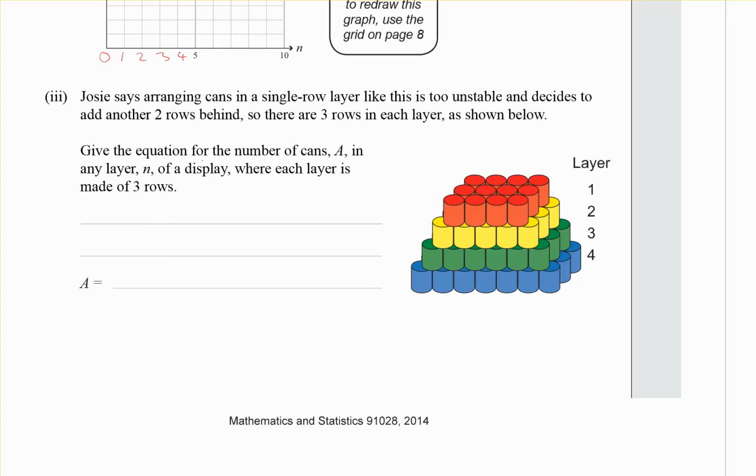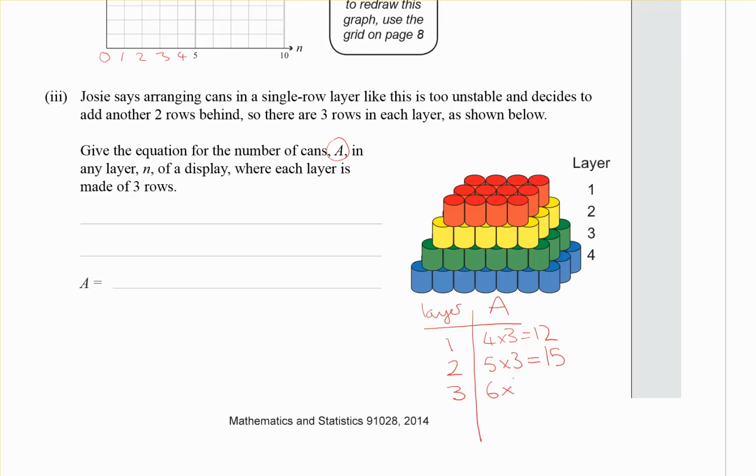Right, part 3. Equation for the number of cans A in any layer. So we'll start with a table. So layer 1, and A is going to be the number of cans in that layer. So I can see it's going to be 4 times 3, which is 12. And in layer 2, 1, 2, 3, 4, 5, we're going to have 5 and 3 rows of that. 15.